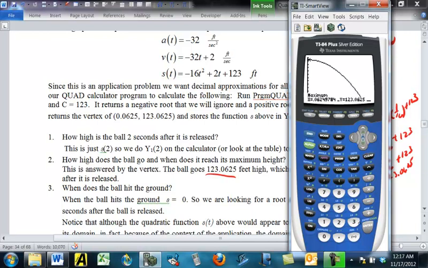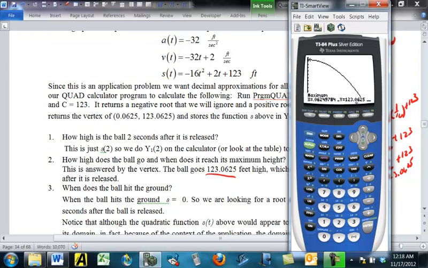And let's see what it comes up with there. Yeah, there's the maximum. There's the x, 0.0625. And you get 123.0625 is the maximum height. So it just barely goes up a little bit, just a fraction of a foot above where it was, and then it comes on back down.